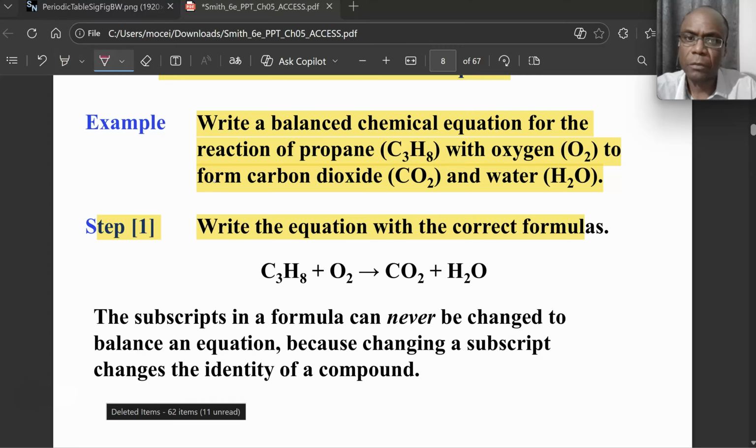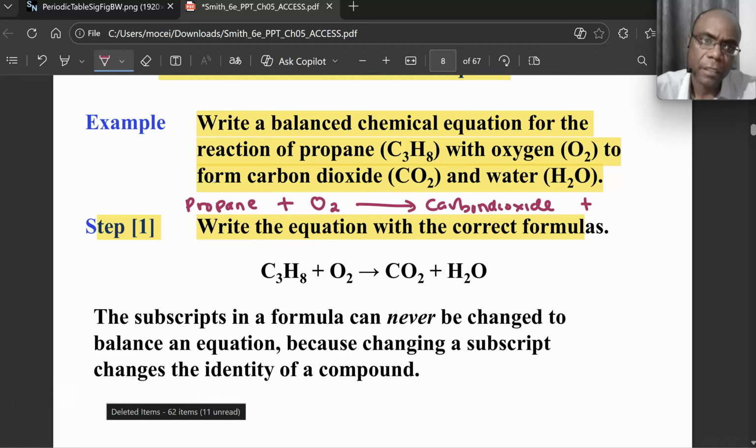The word equation will be: we are given propane reacting with oxygen to give carbon dioxide and water as products.